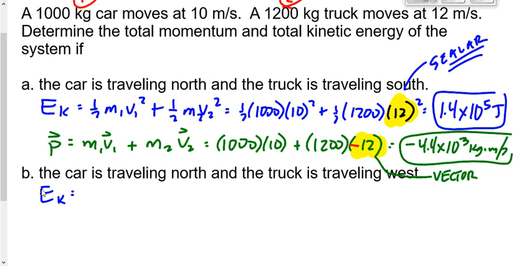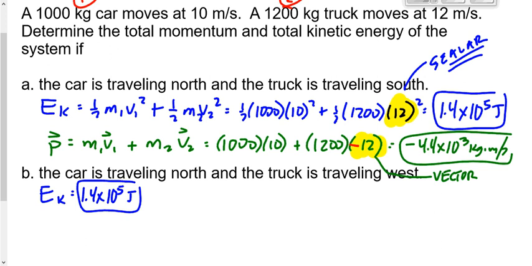West and north, that's the same thing, right? The numbers are the same. The directions are different. What difference does it make? Nothing when we're talking about kinetic energy, right? Because kinetic energy is a scalar, and speed is a scalar. So we're going to say the kinetic energy is 1.4 times 10 to the 5. As long as the numbers don't change, then the value of the kinetic energy won't change.